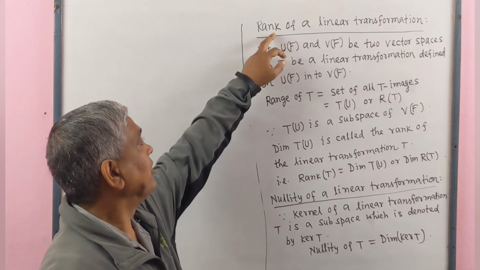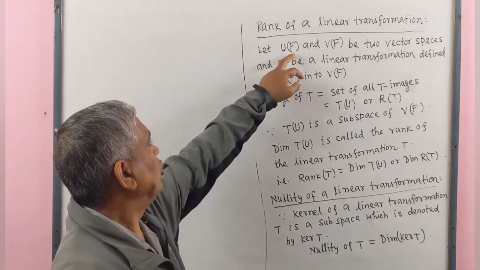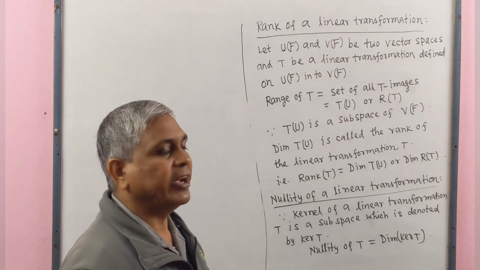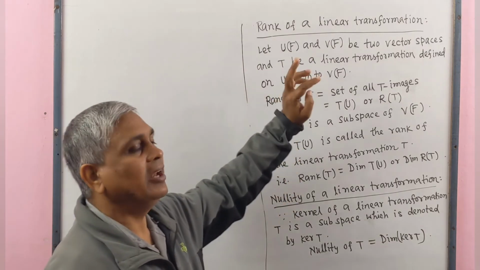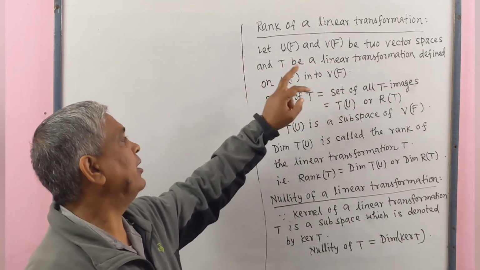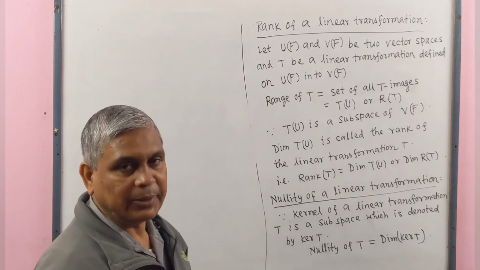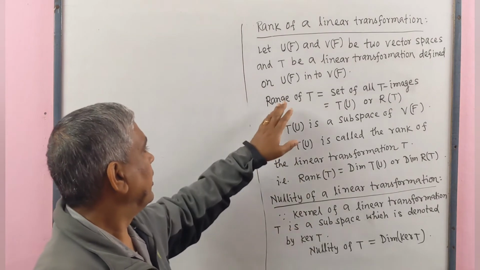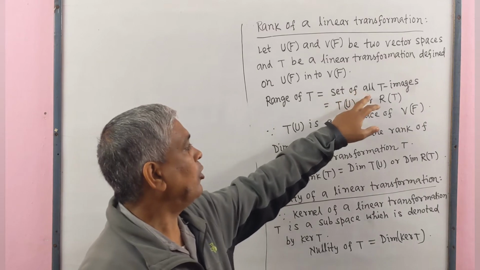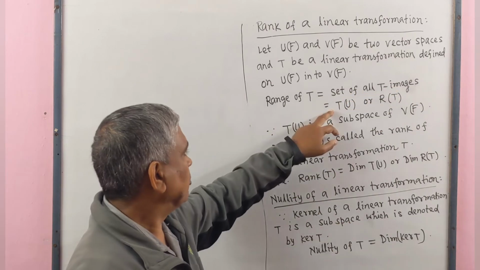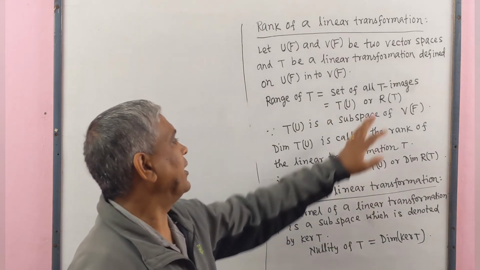Now we define rank of a linear transformation. Let U(F) and V(F) be two vector spaces over the field F, and T be a linear transformation defined on vector space U(F) into vector space V(F). Range of T is the set of all T images equal to T(U) or R(T).